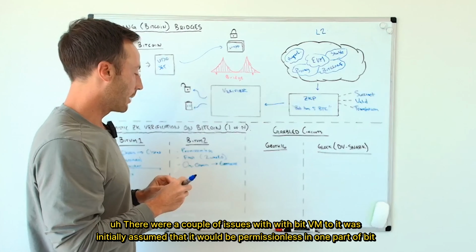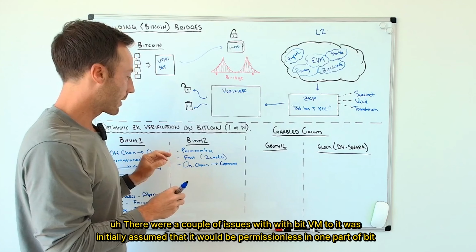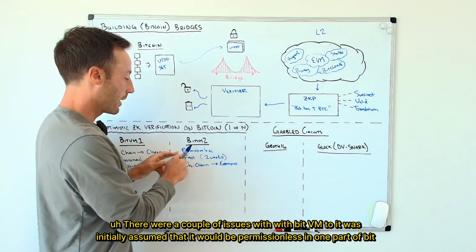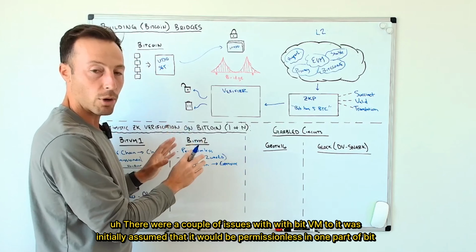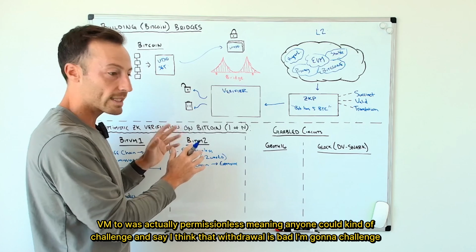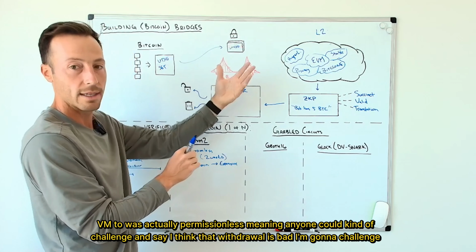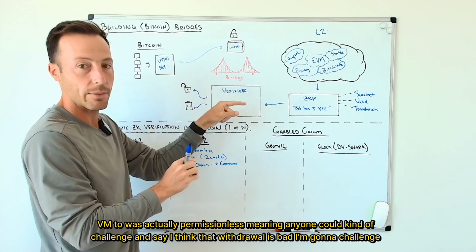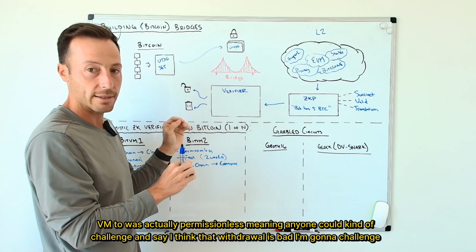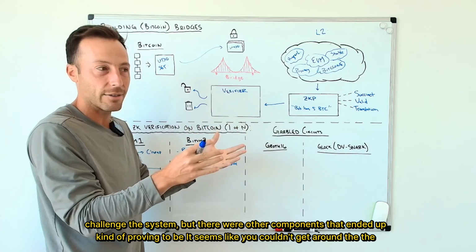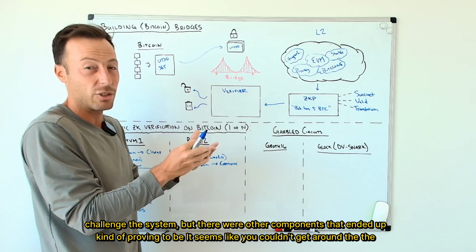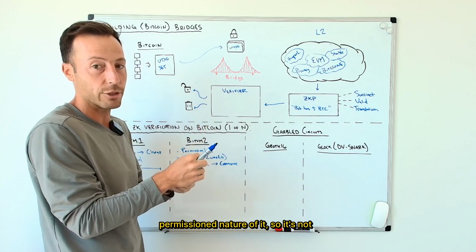However, there were a couple of issues with BitVM 2. It was initially assumed that it would be permissionless. And one part of BitVM 2 was actually permissionless, meaning anyone could challenge and say, I think that withdrawal is bad. I'm going to challenge the system. But there were other components that ended up proving to be, it seems like you couldn't get around the permissioned nature of it.